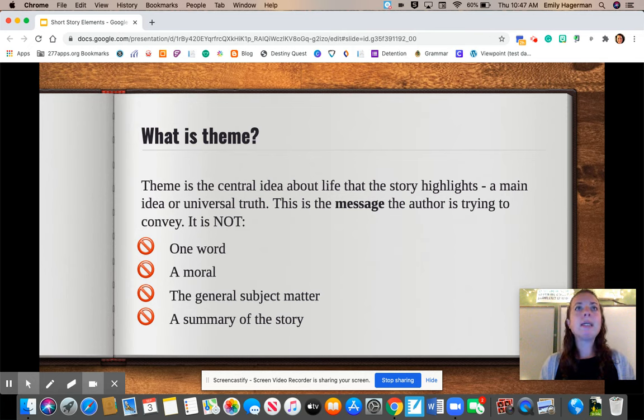Maybe it's more like, it is important to respect your parents in order to create a good relationship. That's a message. It's also not the general subject matter, so really avoid saying what the actual story is about. So don't give me a summary of the story, that's not theme.